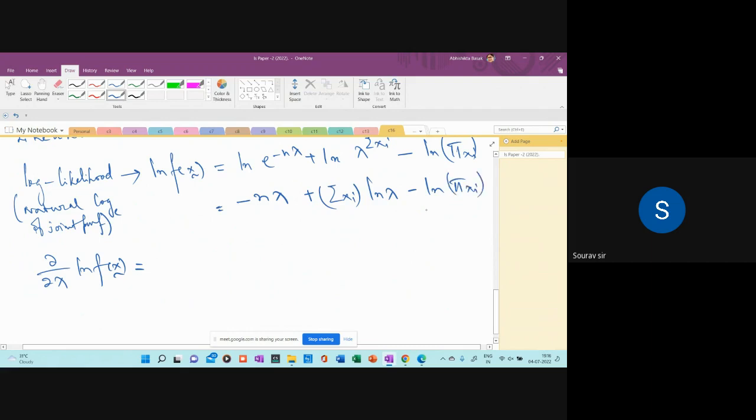I am keeping the last term as it is because it is independent of lambda, so its derivative with respect to lambda is obviously 0.